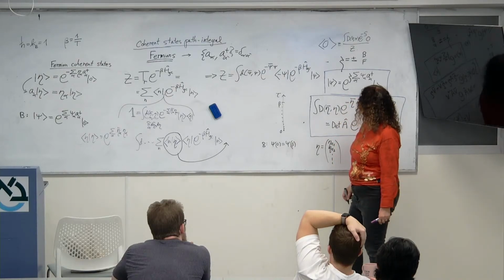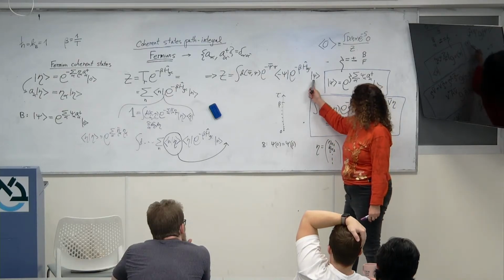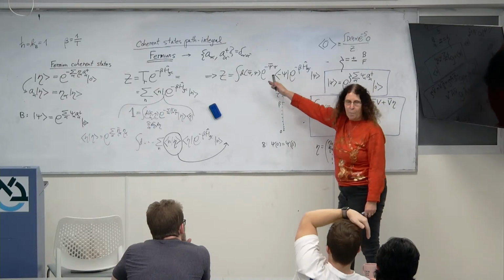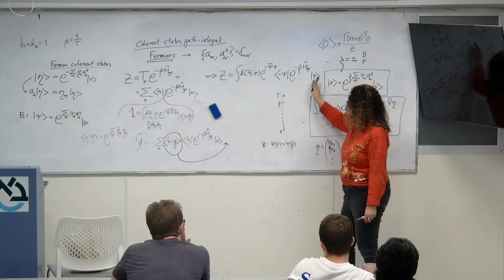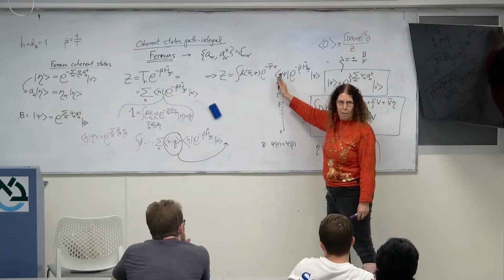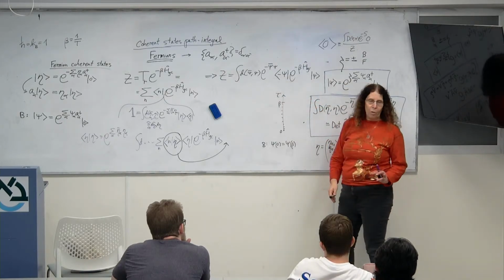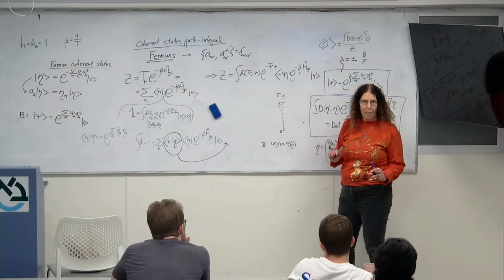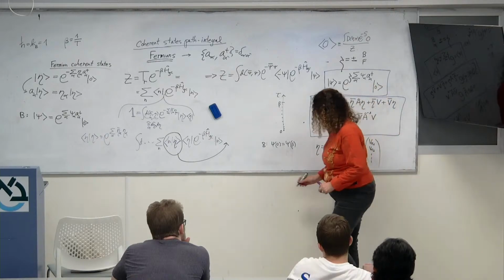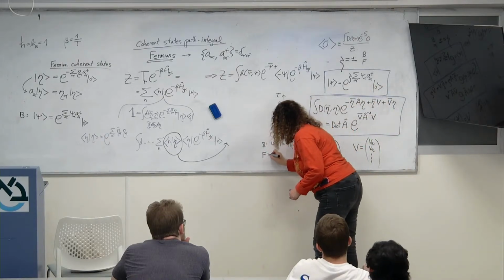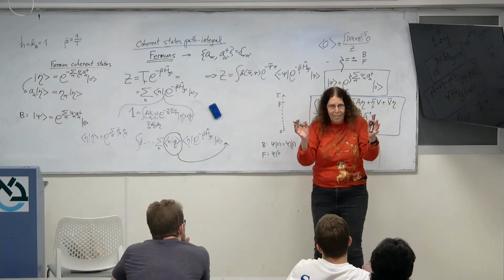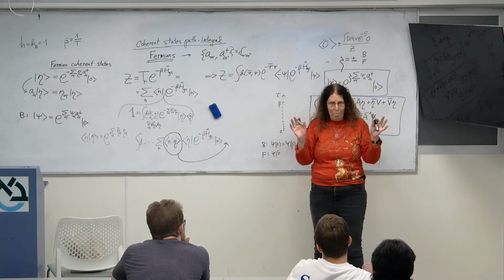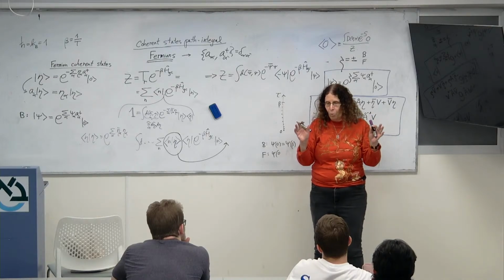For fermions, all the steps in the middle have the same structure, but I start with a psi and end with a minus psi. So the boundary conditions are anti-periodic. Okay? So for fermions, the path integral in the end will look exactly the same, except for two things.